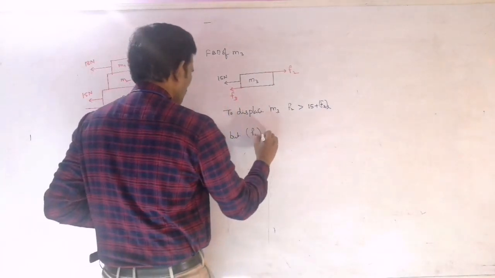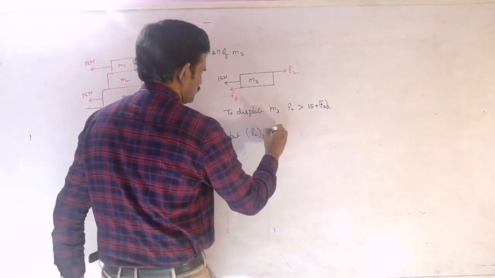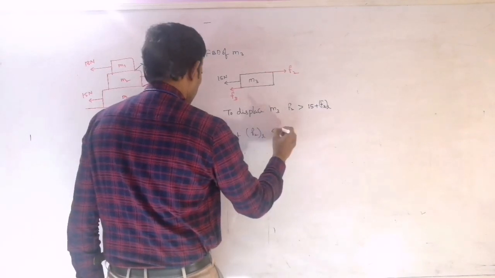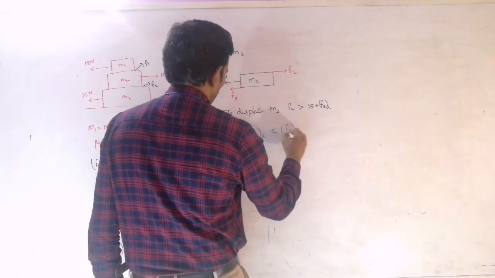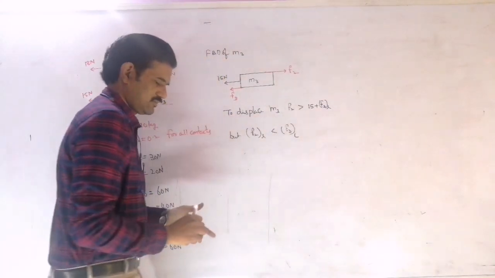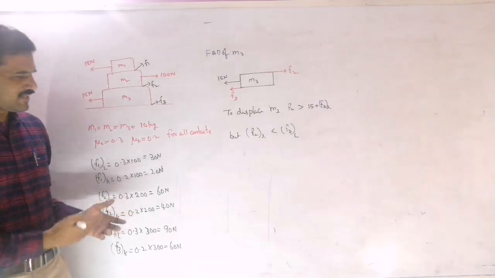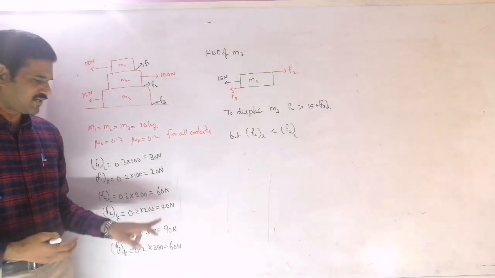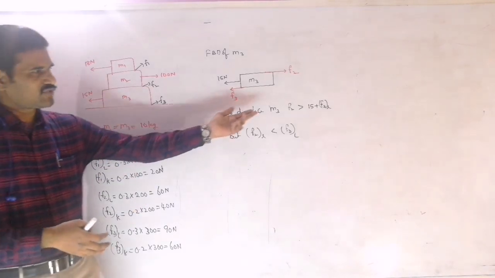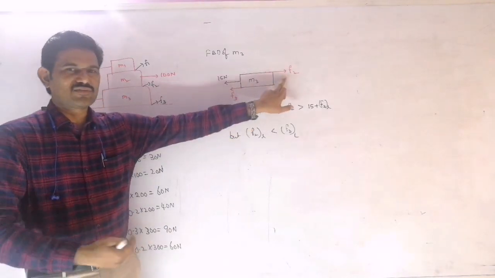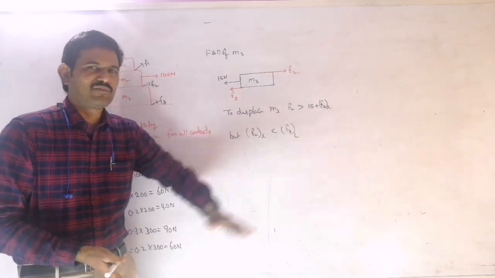But F2 limiting itself is less than F3 limiting. Is it clear? F2 limiting is 60 only, but F3 limiting is 90 acting there. So that means F2 limiting, even if you take the maximum possible friction of this, will be less than F3 limiting itself.